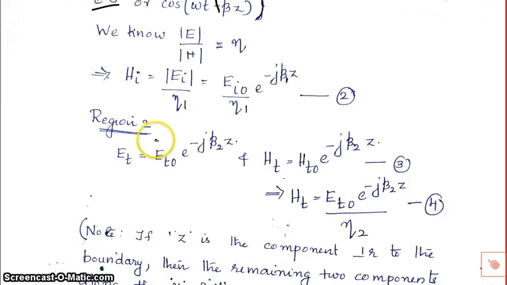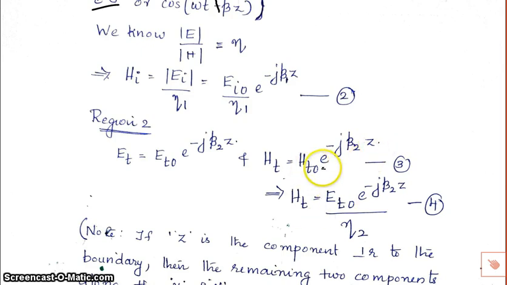Now coming to your second medium, where you have your transmitted EM wave. That is represented by Et is equal to Et0 into e raised to minus j beta2 z. Now it is a second medium and the propagation constant of the second medium is beta2. Similarly, Ht is equal to Ht0 into e raised to minus j beta2 z.